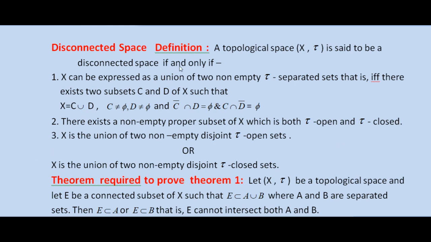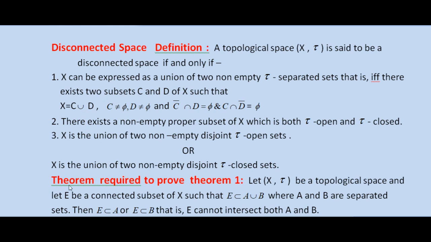And third, a topological space (X, tau) is said to be a disconnected space if and only if X is the union of two non-empty disjoint tau open sets, or X is the union of two non-empty disjoint tau closed sets. In our main theorems, for proving theorem 1, we shall be using definition 1, and in order to prove theorem 2, we shall be using definition 2.